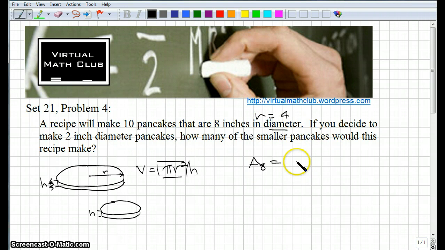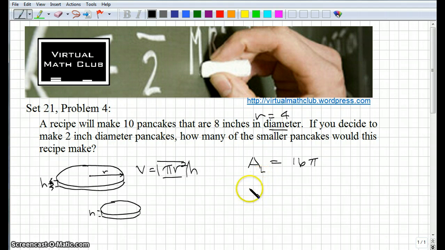So we have 16 pi, because r squared is 16, and then times pi. So the area of the 8-inch diameter pancake is 16 pi. I'm just going to call this the larger pancake.